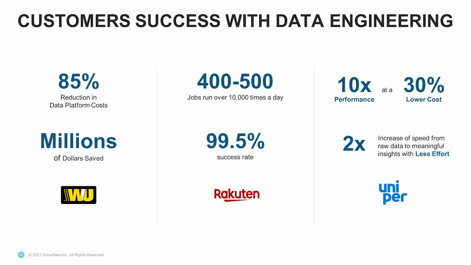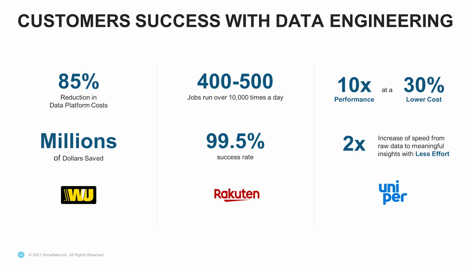It also helped them improve agility in their data science teams by pushing data in and moving data out of Snowflake for machine learning purposes. Rakuten is a leading loyalty program provider in the United States, and they ran into resource constraints for data pipelines in their previous legacy platform. They had a fairly complex architecture to get access to multiple data sources, stitching the data, mashing that data up for downstream users.